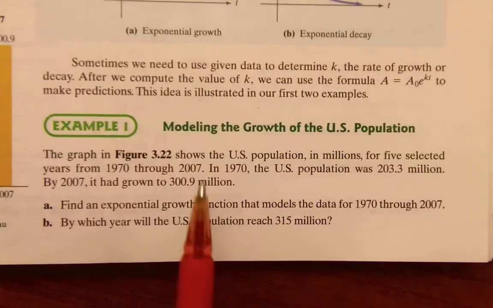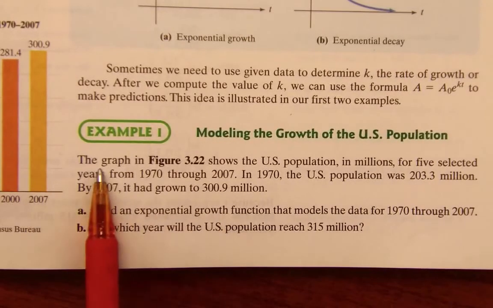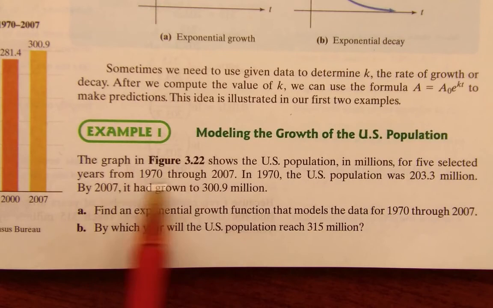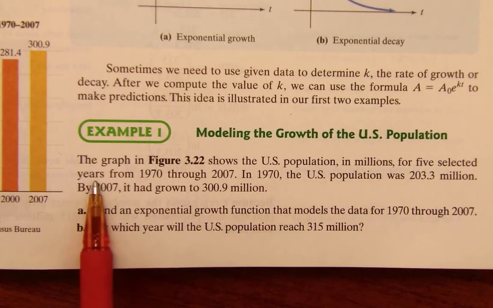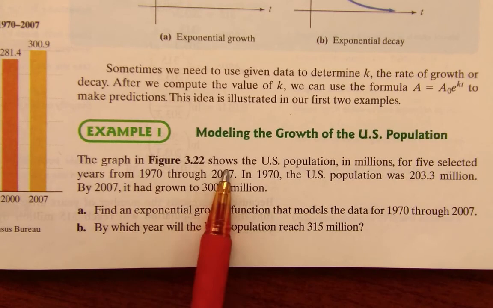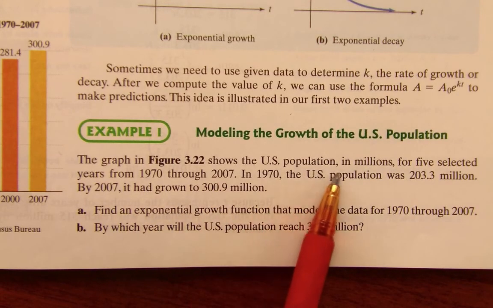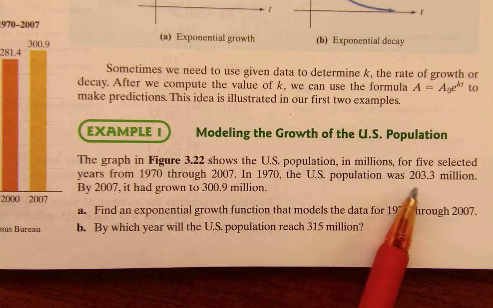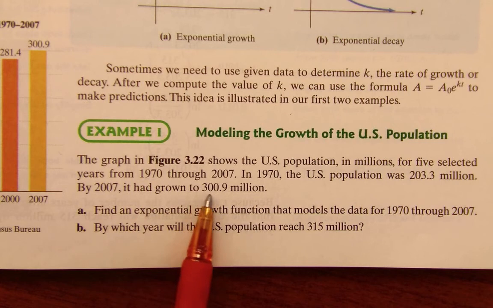So it says modeling growth of U.S. population. We're given a table on the side here, and the figure shows the U.S. population in millions for 5 selected years from 1970 to 2007. In 1970, the U.S. population was 203.3 million, and by 2007, it had grown to 300.9 million.